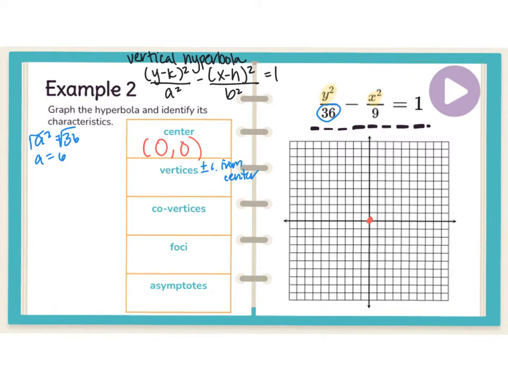So that's going to be plus minus 6 from the center. And instead of going to the left and right, since this is a vertical hyperbola, we're going to go 6 up and 6 down. So that would make this 0, 6, 0, negative 6.